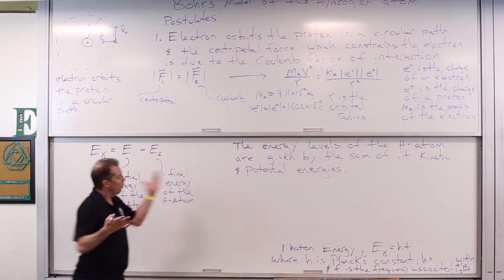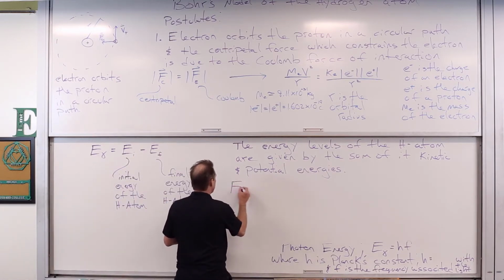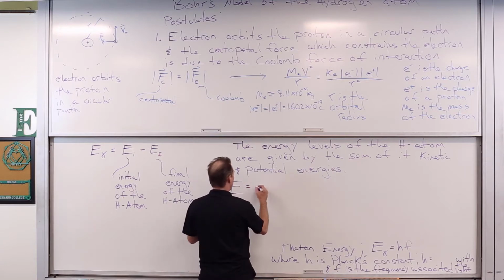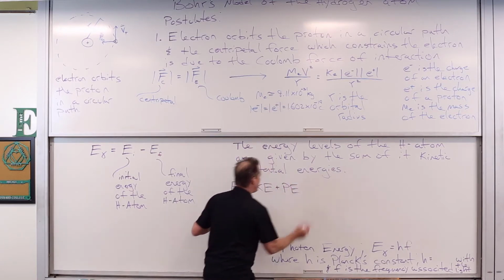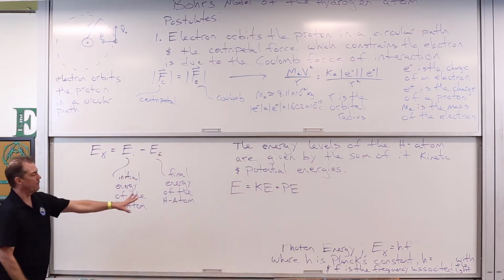All right, so what do we do with this? We've got E is going to be equal to K sub E plus P. So there's the total energy of the hydrogen atom.